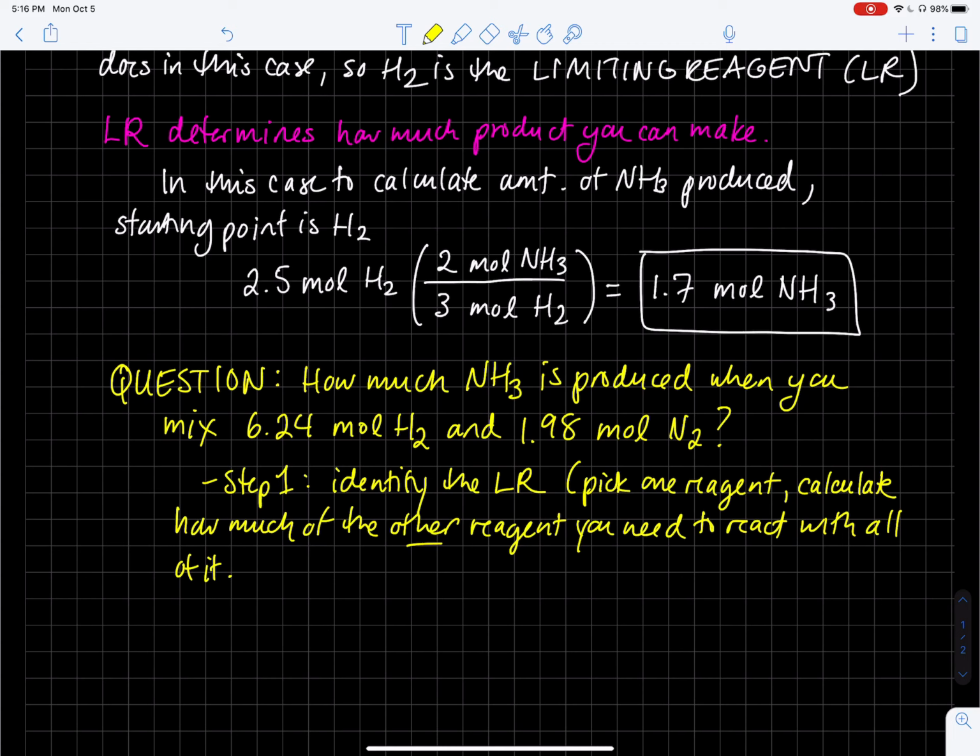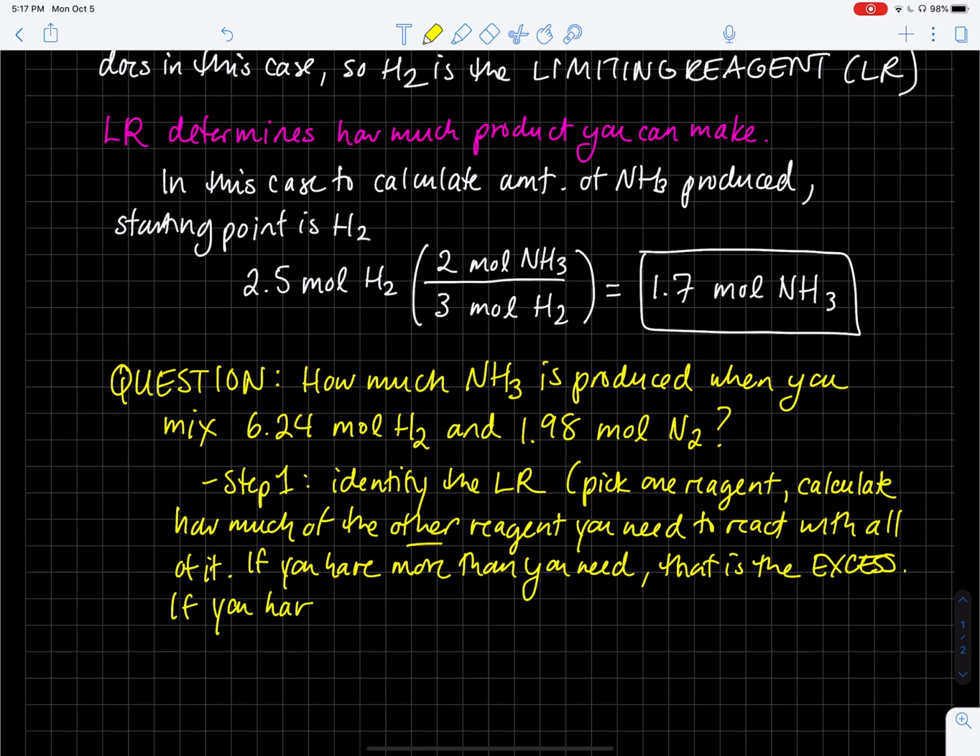That was the first thing we did, was figure out how much nitrogen we needed to react with the H2. So you pick one reagent, calculate how much of the other reagent you need to react with all of it. If you have more than you need, that is the excess. If you have less than you need, that second reagent is the limiting reagent. And whichever one isn't the excess is the limiting reagent.